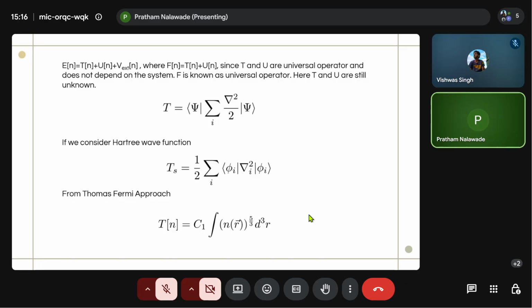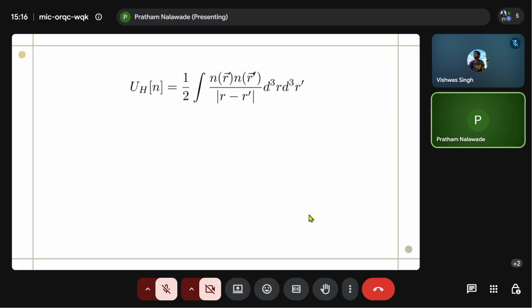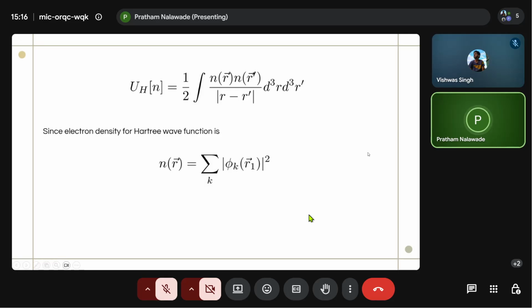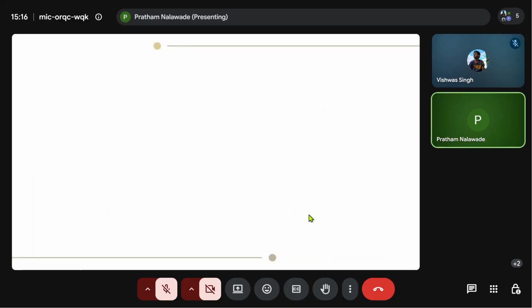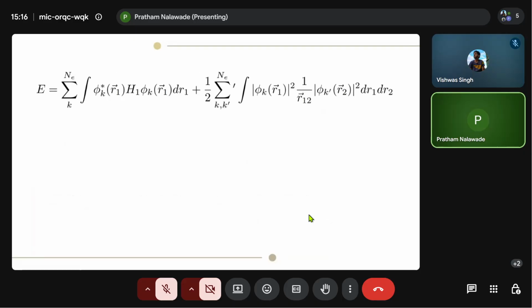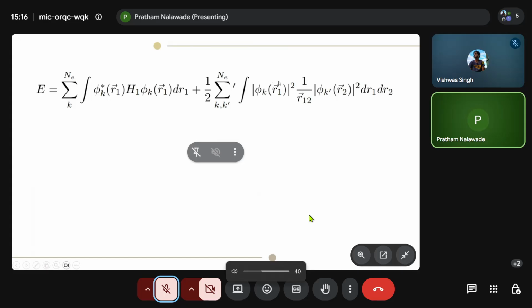So the electron-electron interaction, we will again borrow from our Hartree theory. If you remember in Hartree theory, if I go back here, you can see the Hartree term. So the second term, if you see this summation over k and k prime, inside you have mod of phi of k and mod of phi of k prime.